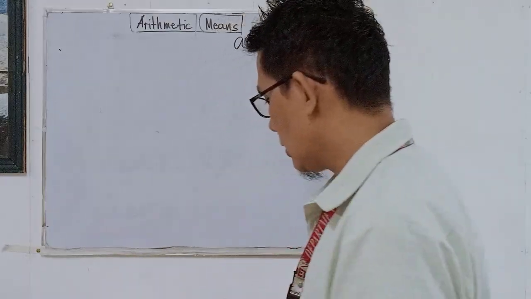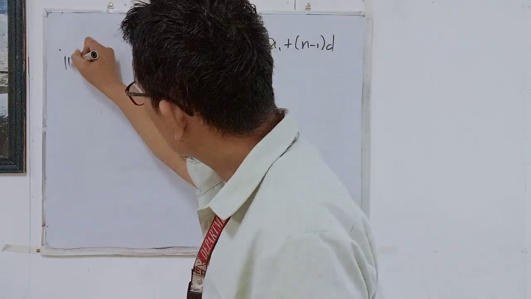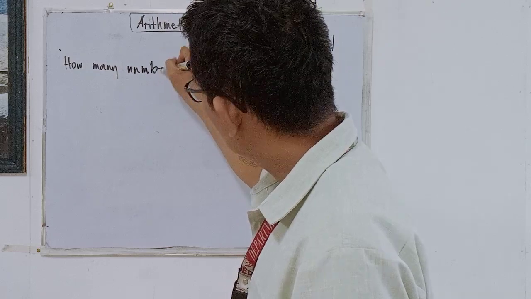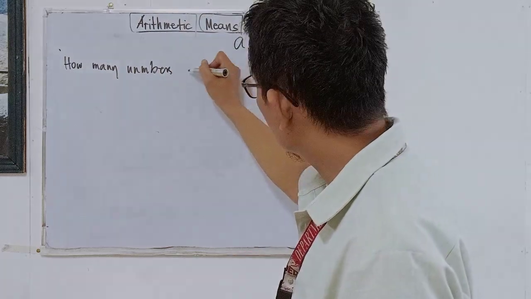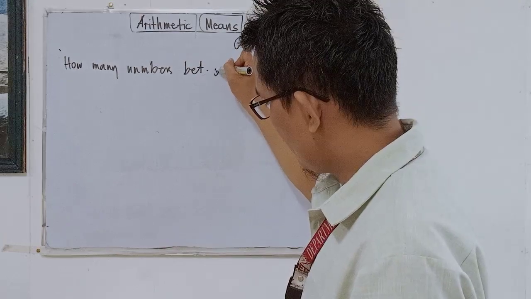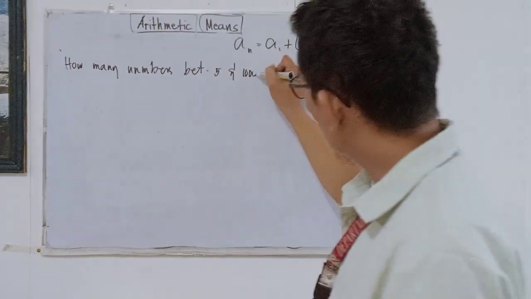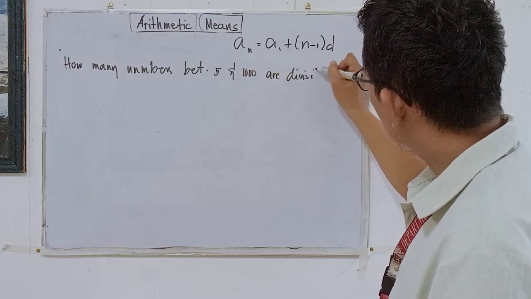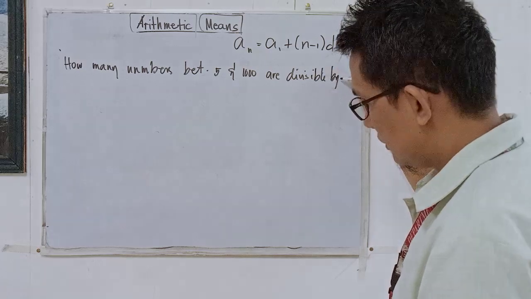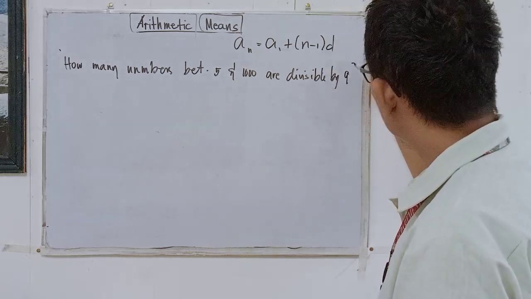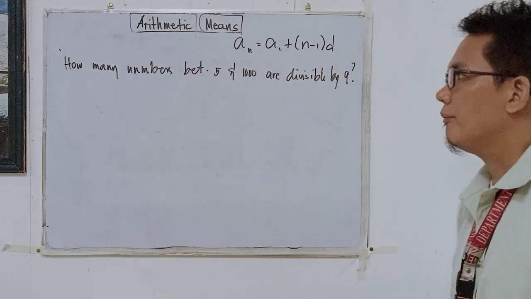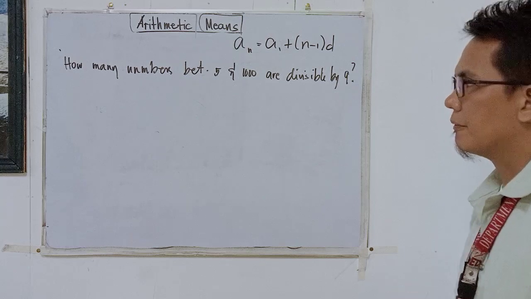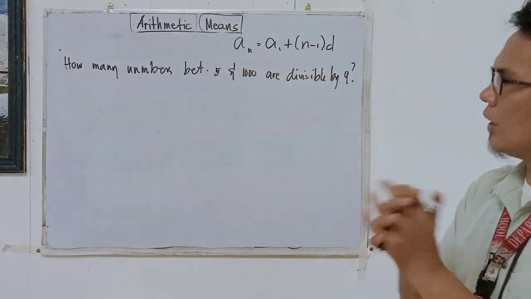What if the question goes like this? How many numbers between 5 and 1,000 are divisible by 9? So that is now our problem. Do not worry.